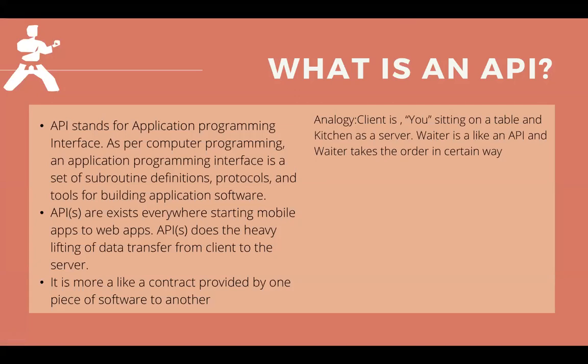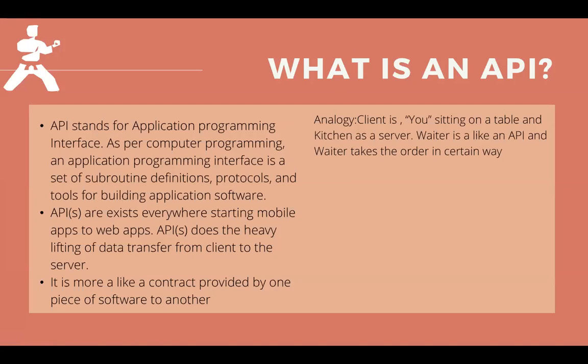We give a lot of details there, like what protocols it supports. When it comes to the HTTP world, we have a lot of methods we talk about: how it works and what kind of protocols it should allow, such as TCP/IP or HTTP. So APIs exist everywhere.